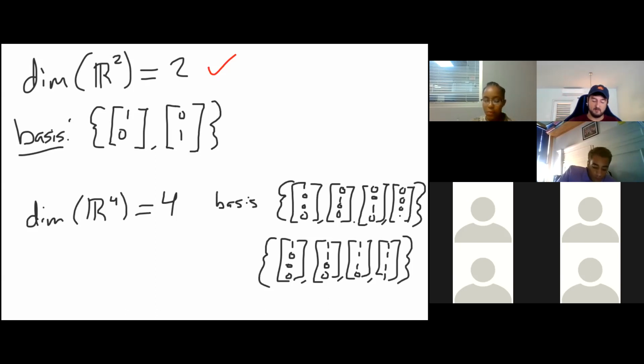So then in general, we're not going to prove it, but I think we can establish a pattern just from those 3 observations. If I'm considering just a general Euclidean space Rn, what should the dimension of Rn be?